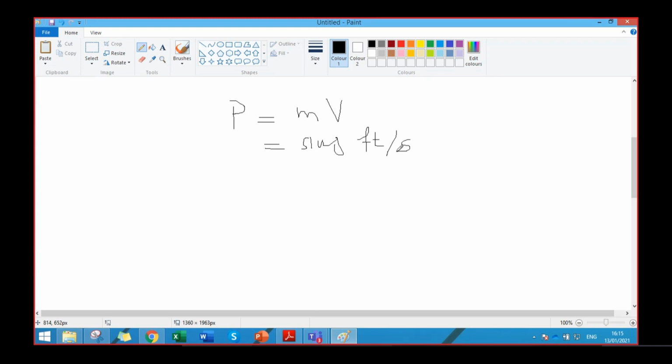Now the Reynolds transport theorem is calculating the rate of change of momentum, that is dP by dt, that is change of momentum per unit time. So you will divide the unit of momentum with time, slug feet per second divided by second. So it would be slug feet per second square. These are the units you should get. Clear?